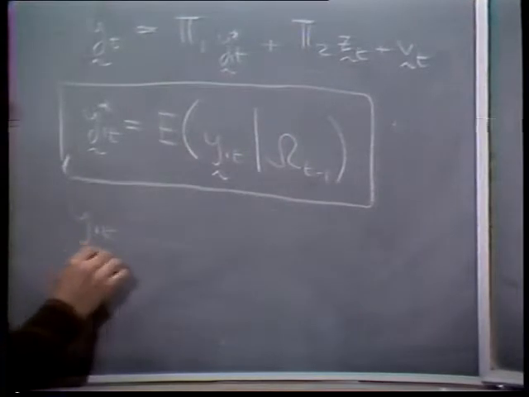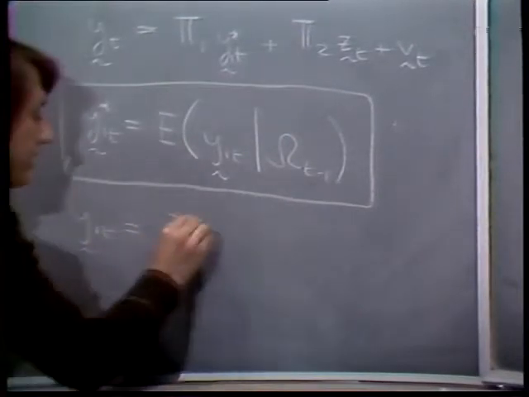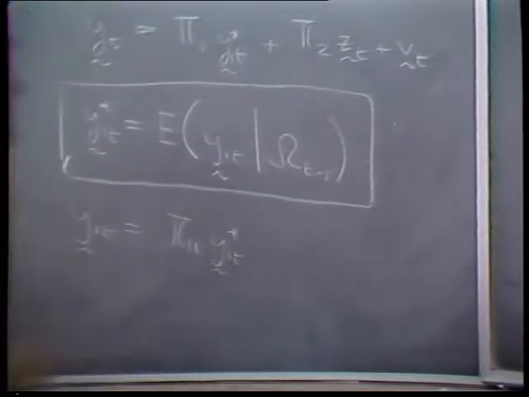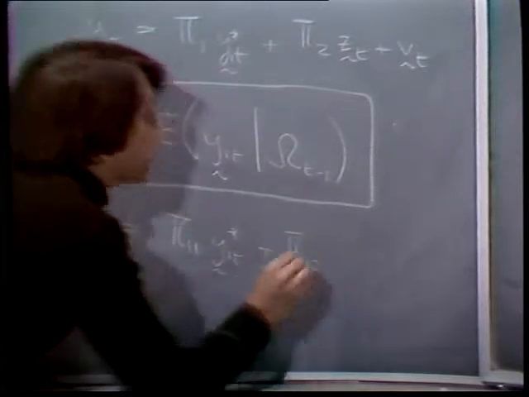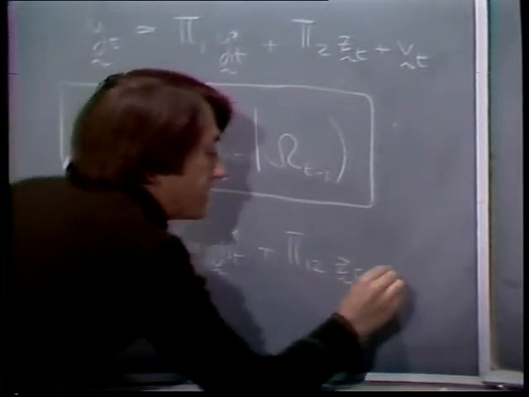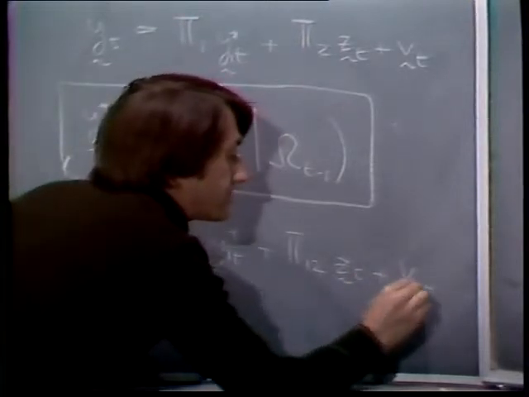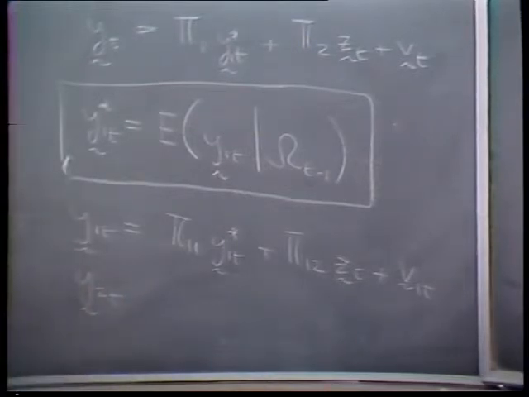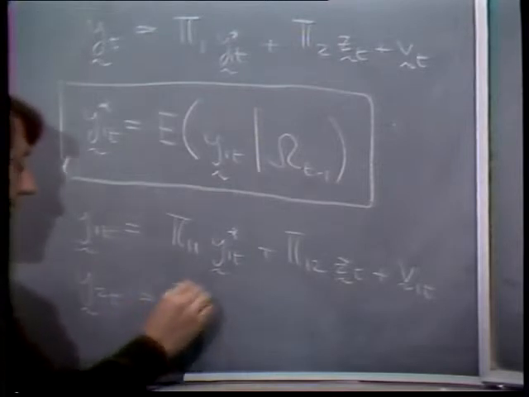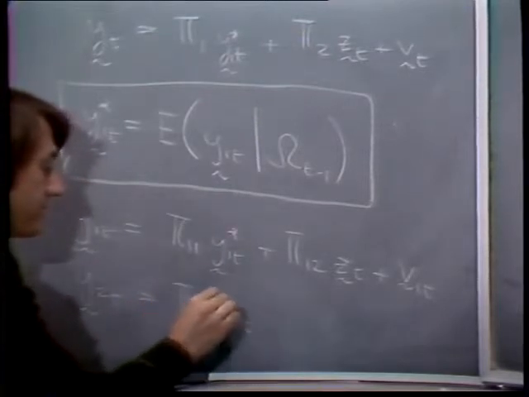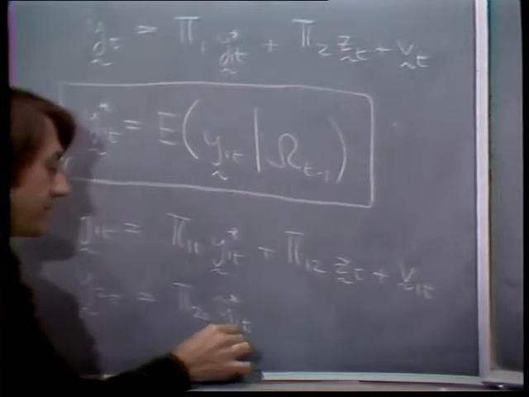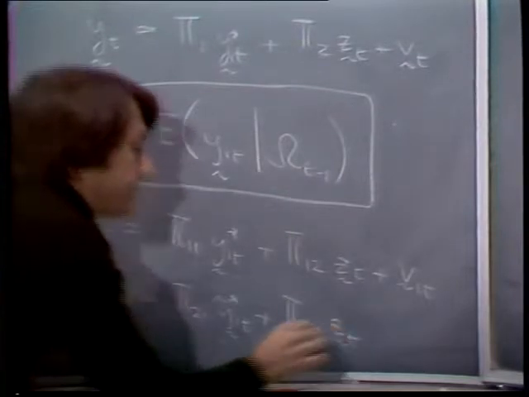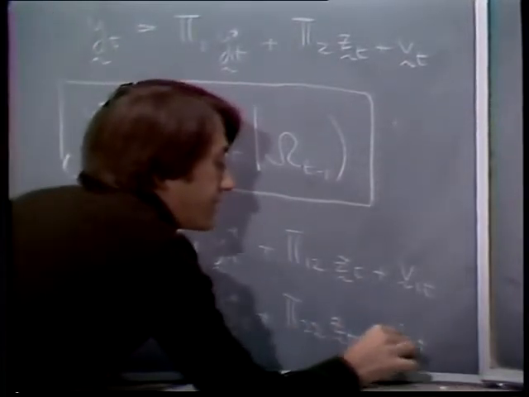So y1t will be now equal to pi 1 1 y1t star plus pi 1 2 zt plus v1t, and y2, the remaining endogenous variables, are pi 2 1 y1t star plus pi 2 2 zt plus v2t.